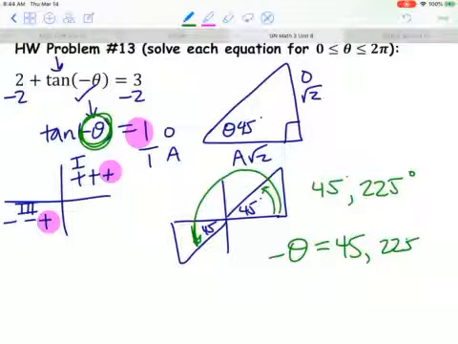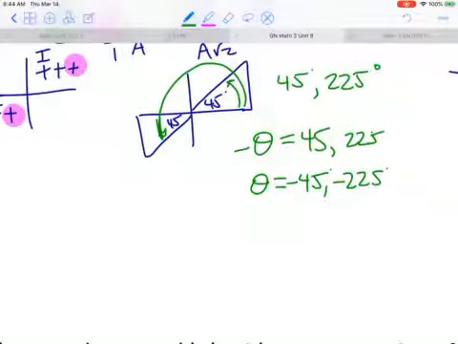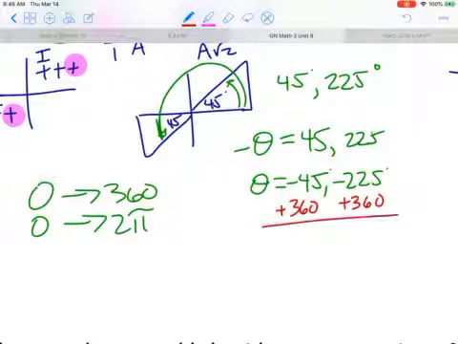Then you do have to get the angle to not have the negative, so we're just going to switch all the signs here. We get those two angles, but those are not from 0 to 360 or from 0 to 2 pi. So we're going to take our 360 and add it again to both of these and see if we can get a number inside.